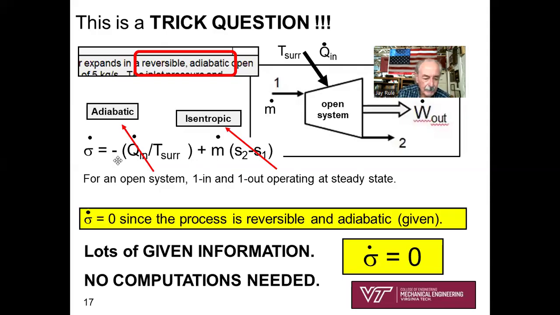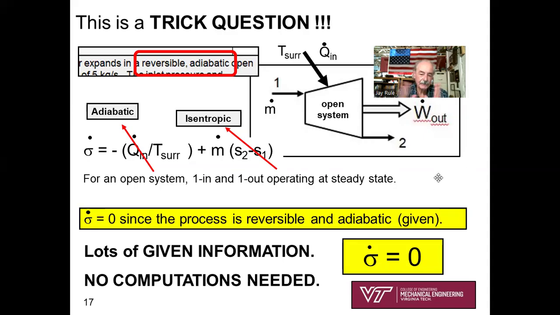Sigma dot equals minus, pesky minus sign, Q dot N over T of the surroundings. Wow, it's adiabatic, that's 0, plus M dot times delta S. It's isentropic. That means that little s2 exactly equals little s1. So for this open system, sigma dot is 0.